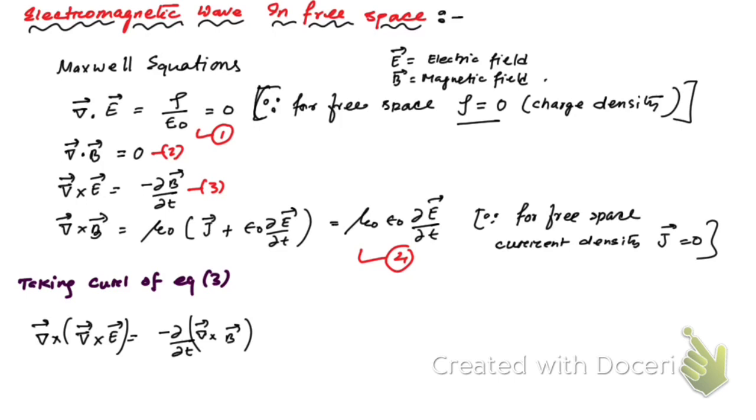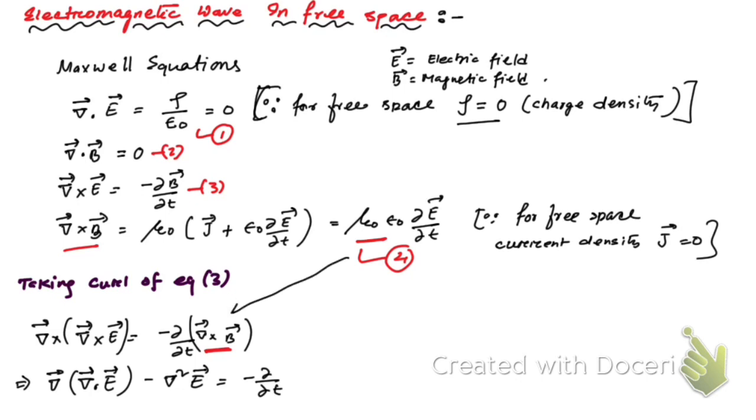Then this implies, and if you have the clear concept of vectors, this can be written this way: del of del dot E, equal to minus del square E vector, is equal to minus del by del T of curl B. We can replace this curl B by equation number 4.